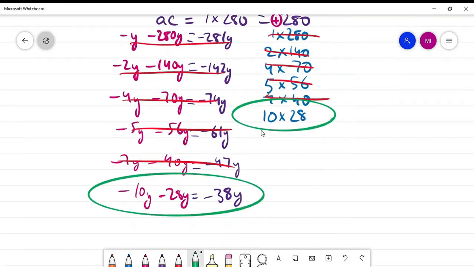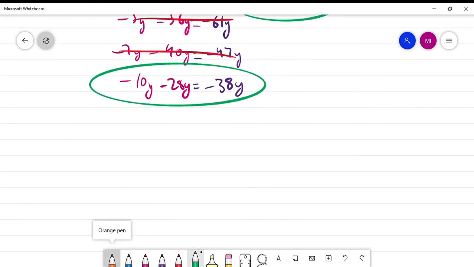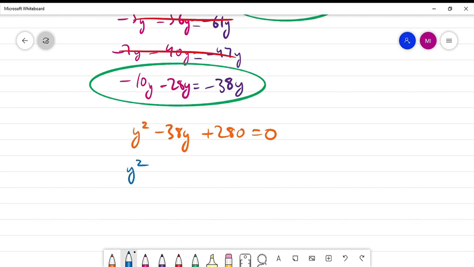So our equation is, for now, y squared minus 38y plus 280 is equal to 0. And now y squared minus 10y minus 28y plus 280 is equal to 0.